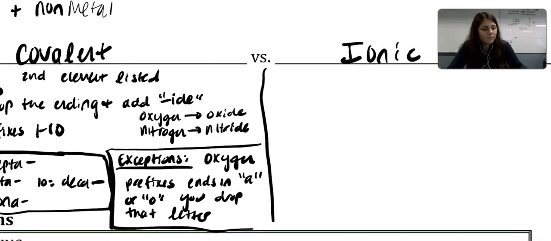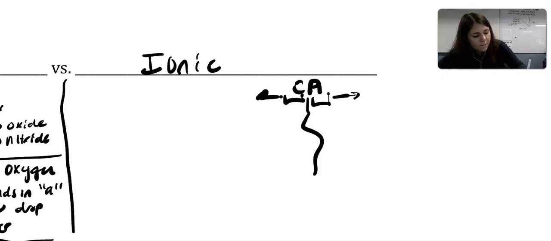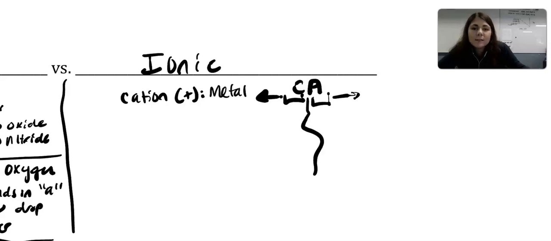Okay, so for ionic, let's write the notation Ca. So when it comes to the first element listed, this is our cation, which will be generally a metal, but not always. Cations are positive. Here it keeps its name.